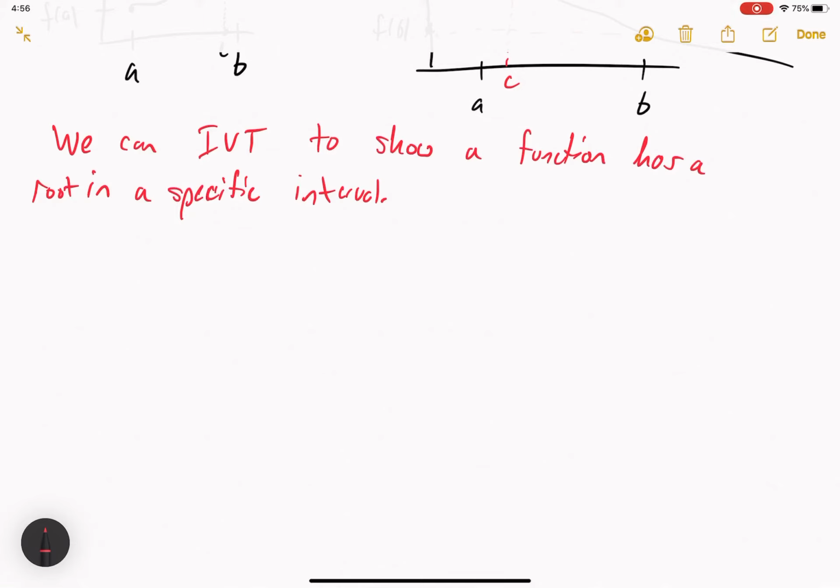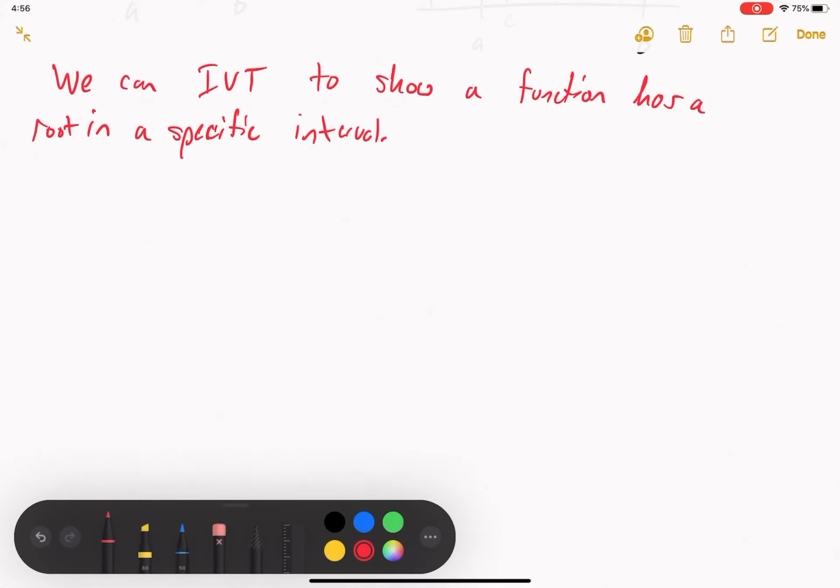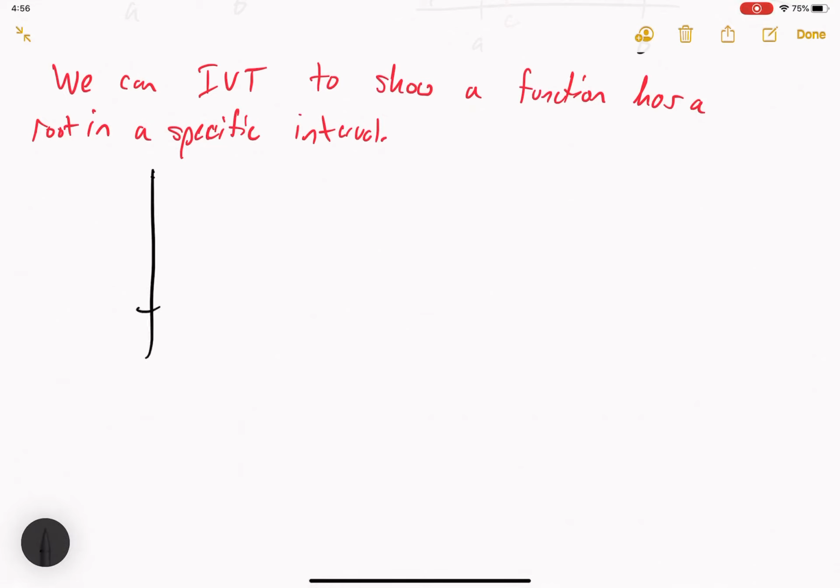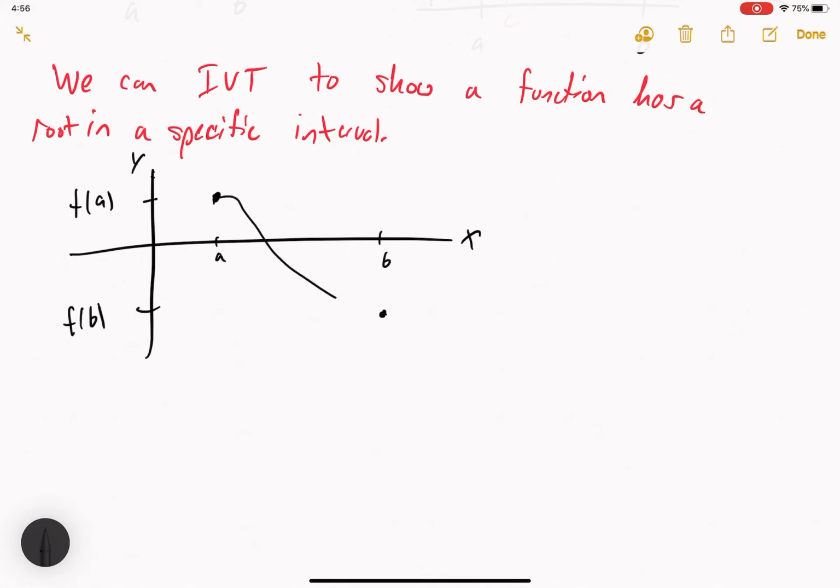So, let's talk about a function that actually has this work. So let me just draw the graph of what kind of situation I'm talking about. This will be f of B, and this will be x, this will be y, this will be f of A. Call this A, call this B. So again, so far what we have is a continuous function f of x.